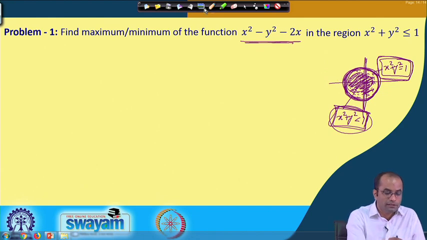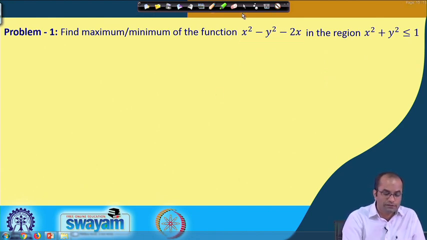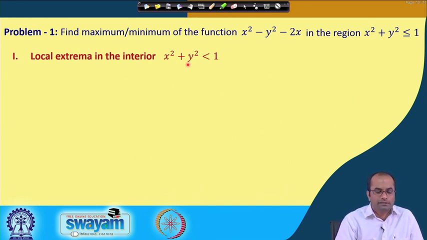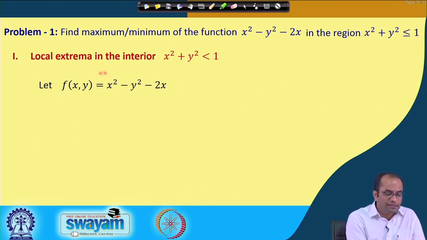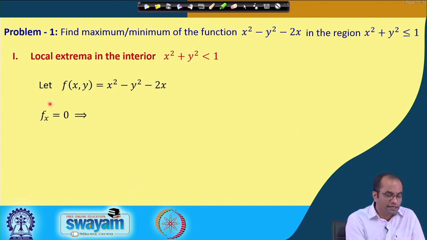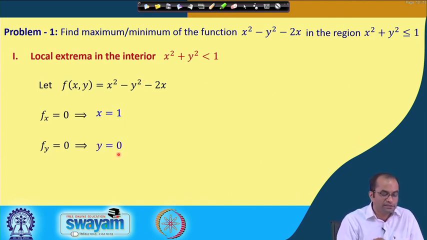So, let us move to inside the domain first. For the interior, that means x square plus y square less than 1, we do not have to use any idea other than what was already discussed in the previous lecture. We have f(x, y) equal to x square minus y square minus 2x. So, f_x gives us 2x minus 2 equal to 0, so x is equal to 1, and we set f_y to 0, so we have minus 2y equal to 0, which means y is equal to 0.